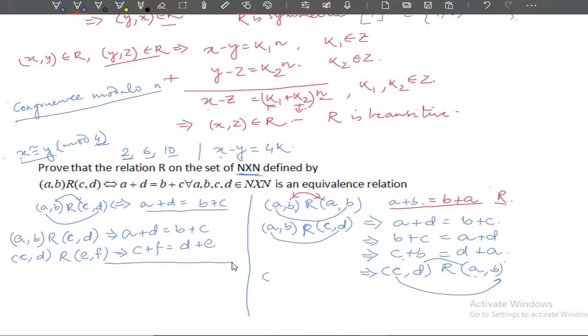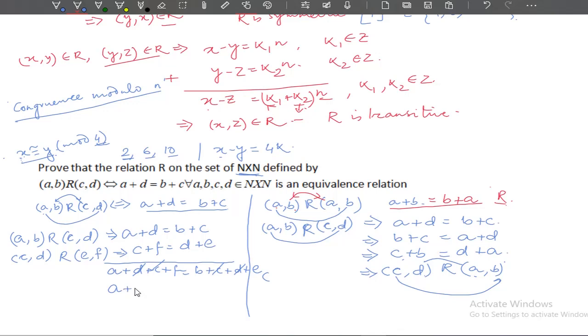Now if you add these two, what will you get? a plus d plus c plus f is equal to b plus c plus d plus e. Now c and d cancel out from both sides.